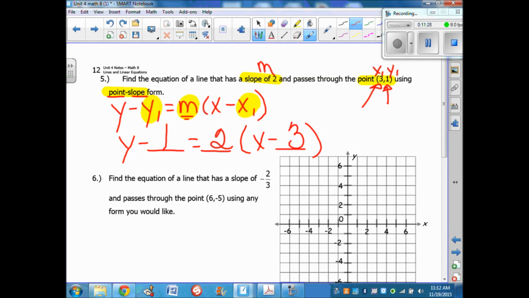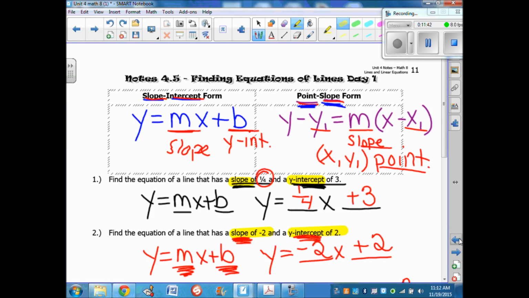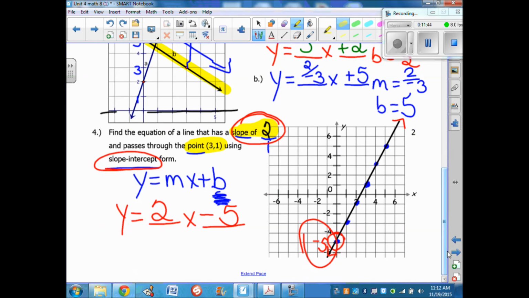So we just wrote the same equation. It looks really different though, doesn't it? It looks a lot different than the one back here. So my answer right now looks like this, but the same problem that we did back on the first page looks like this, but they're the same. Well, let's see. I see y equals 2x minus 5 there.